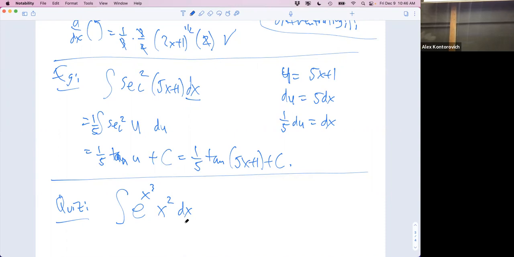You guys don't have paper? All right. See if you can figure this one out.